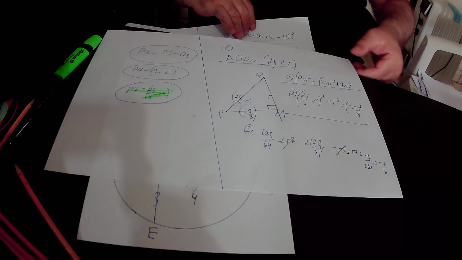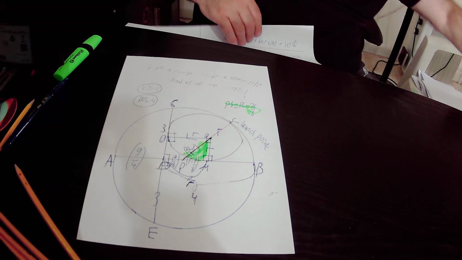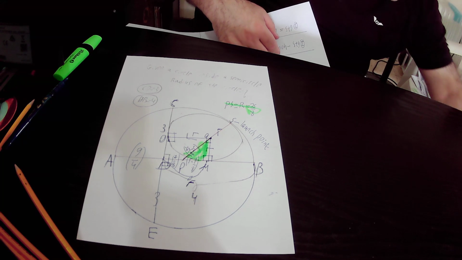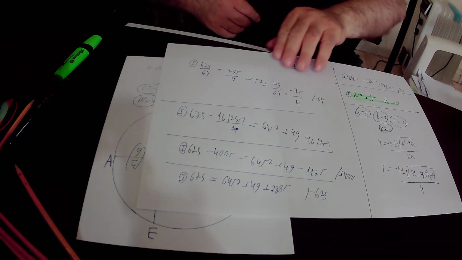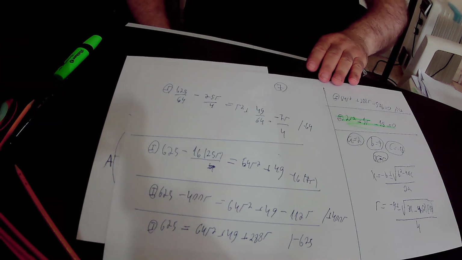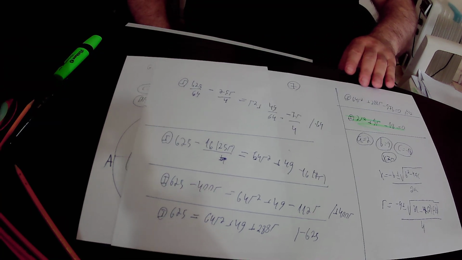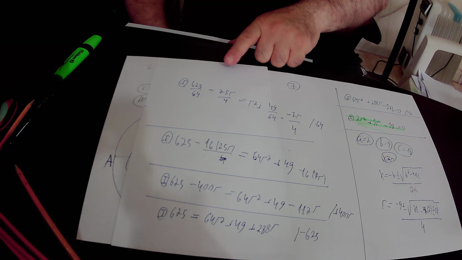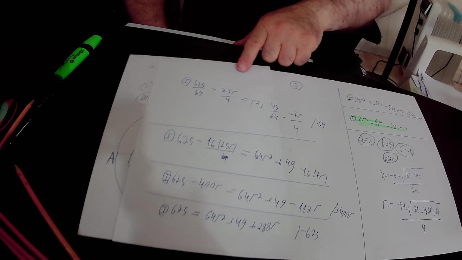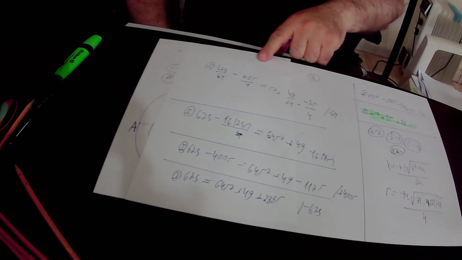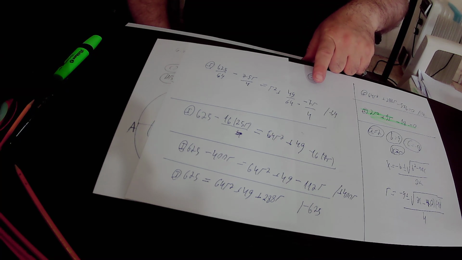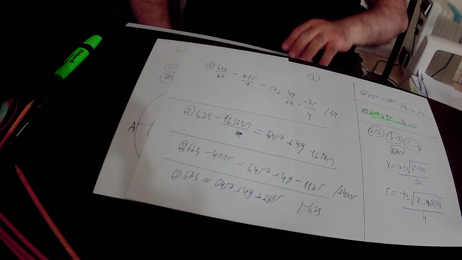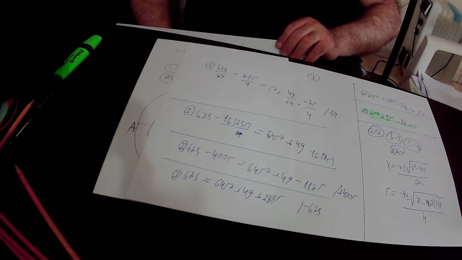Okay, and we got this equation number 1: 625 over 64 minus 25r over 4 equals r squared plus 49 over 64 minus 7r over 4. We multiply this equation number 1 by 64.